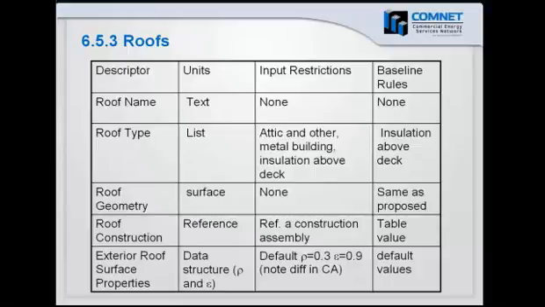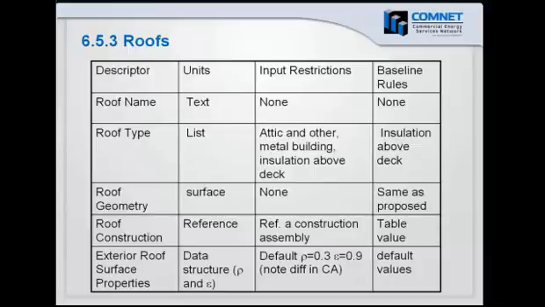So depending upon your roof type, that sets your criteria for your roof thermal performance, your U factors. The available options are attic and other, metal building, or insulation entirely above the deck. And the baseline assumes the type of insulation above deck. So that is used for determining your baseline U factor.